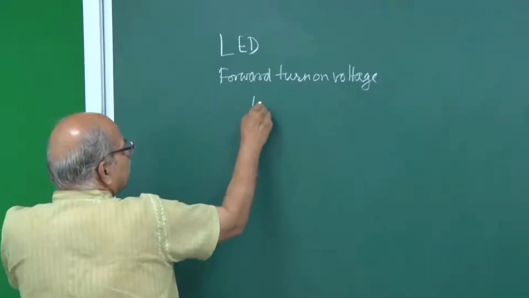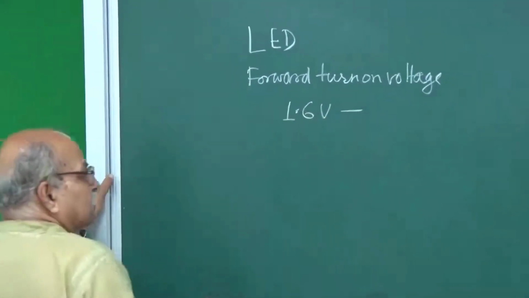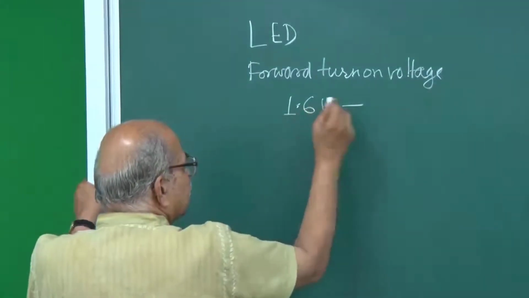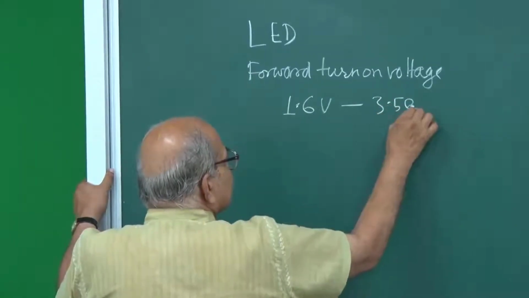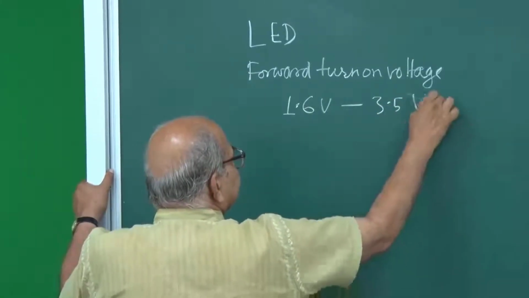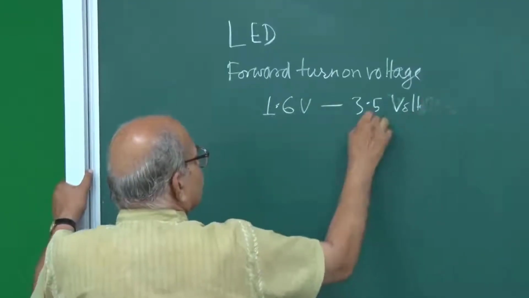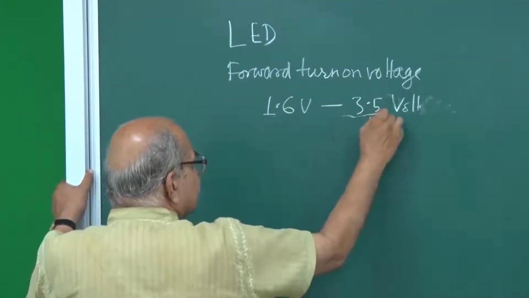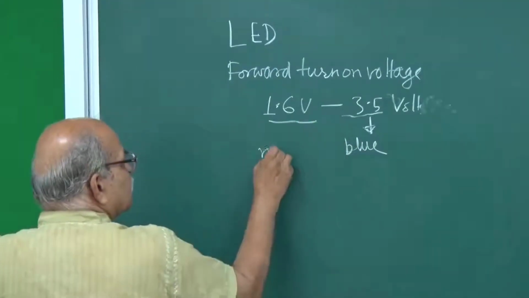It could be somewhere around 1.6 volts for the longer wavelength, and maybe some 3.5 volts for the shorter wavelengths. So this range will correspond to blue, and this range will correspond to red.